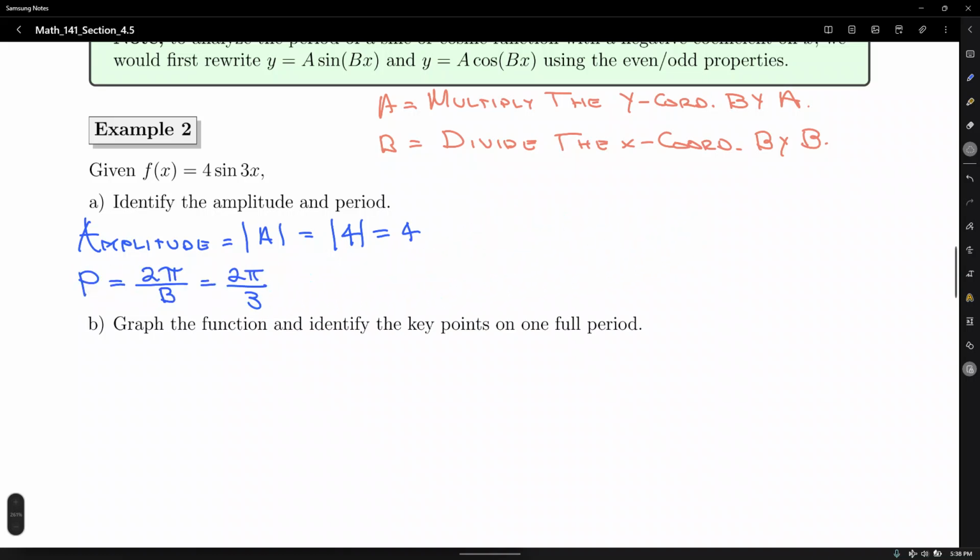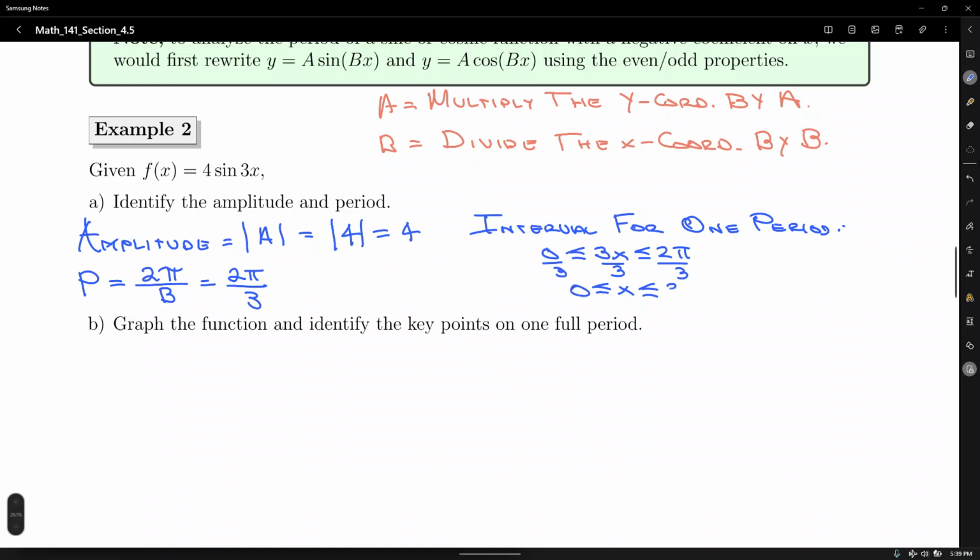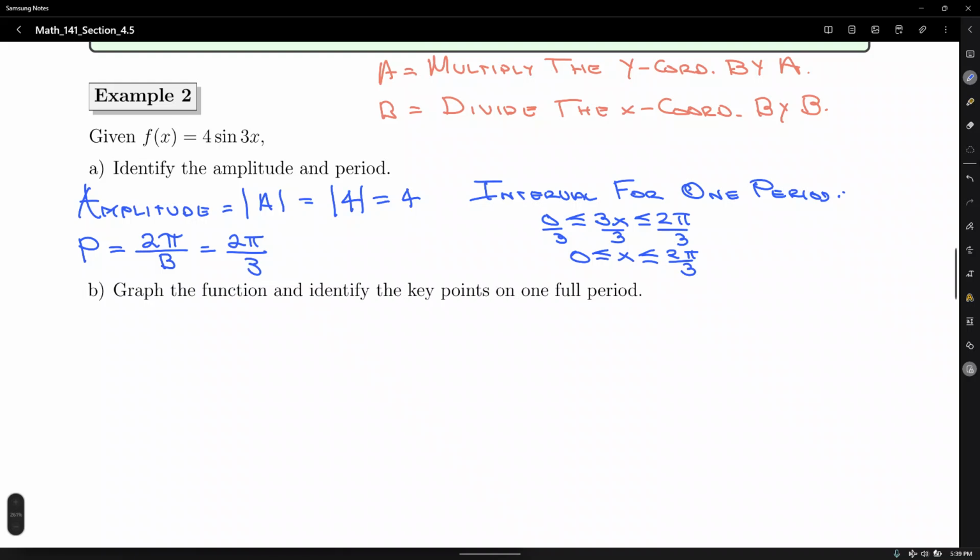The interval for one period will be 0 less than or equal to 3x, less than or equal to 2 pi. Divide the three sides of the inequality by 3 to isolate the x and leave it in the middle: 0 to 2 pi over 3. This is key because when we graph the function, you'll see what's going to happen.